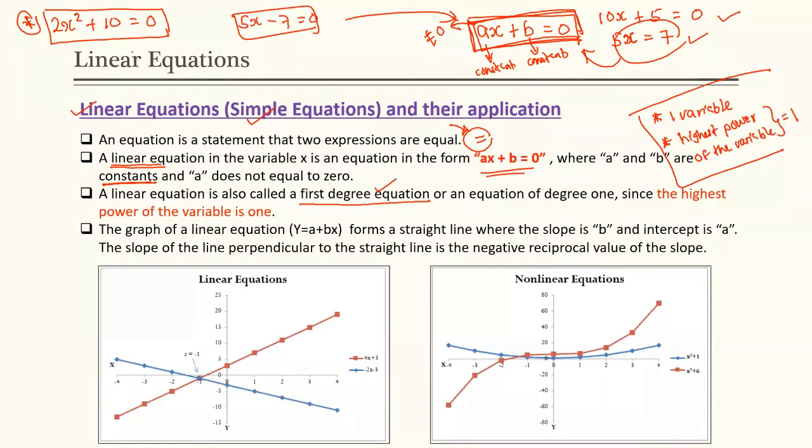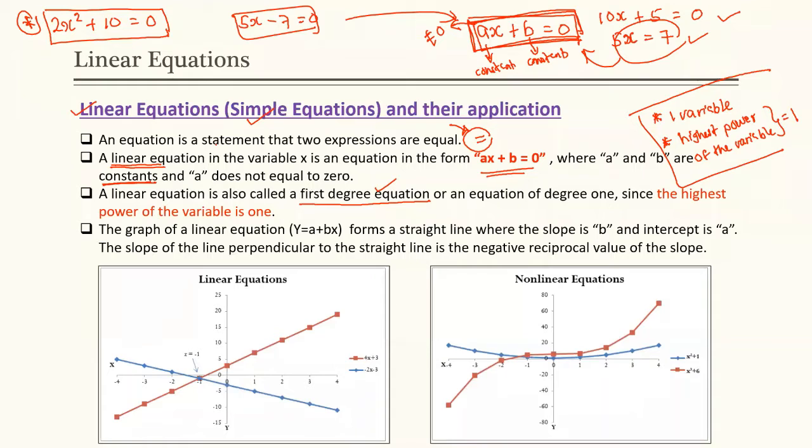What can you say? First of all, tell me whether it is an equation or not. Yes, it is an equation because we can see the equal sign. But is it a linear equation? No. Yes, this is not a linear equation.